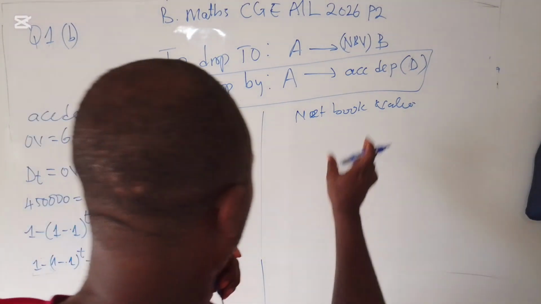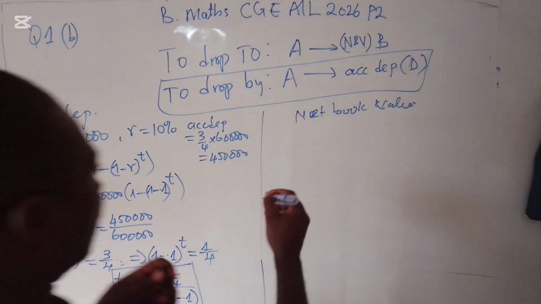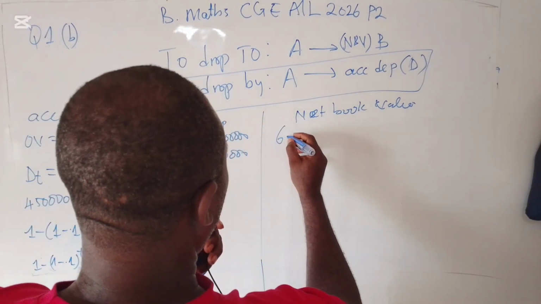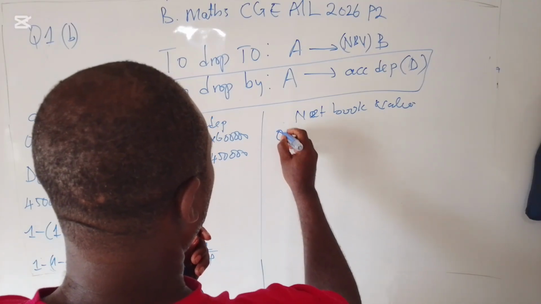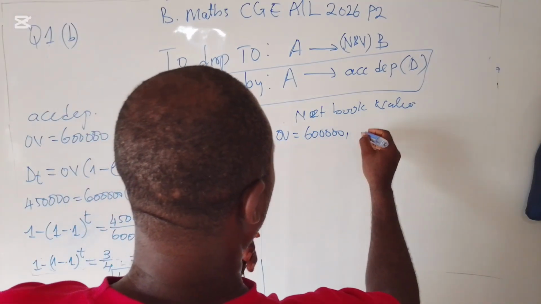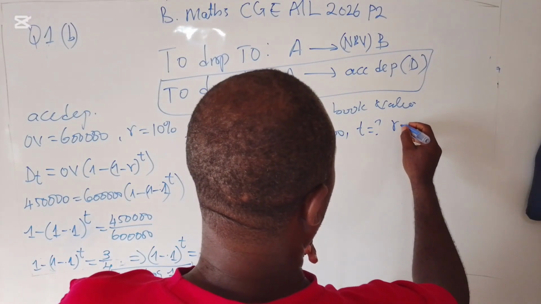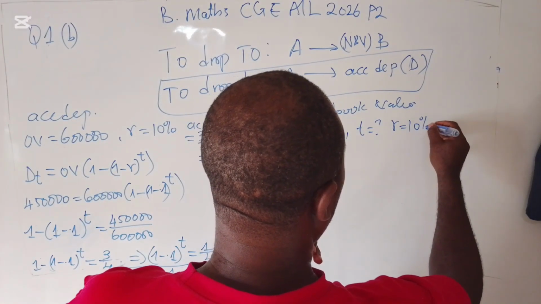So now let us use the formula for net book value. With the net book value, what is given is the original value, 600,000. The rate R is 10%.